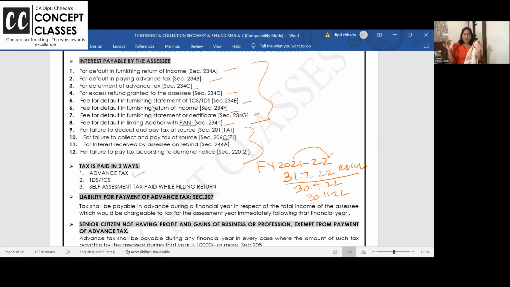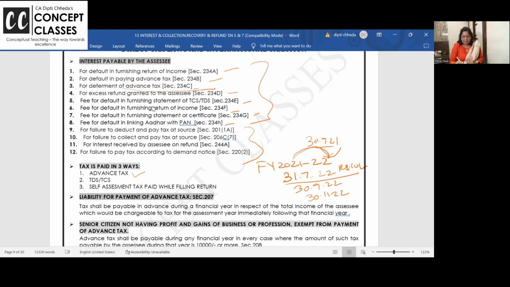You're earning throughout the year, no? Throughout 21-22, you are earning. So by 30th of September 21, half of the year is over. And based on last year's estimate, can you pay advance tax? Answer is yes.